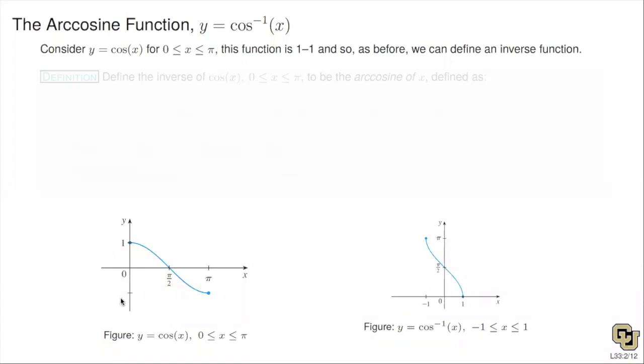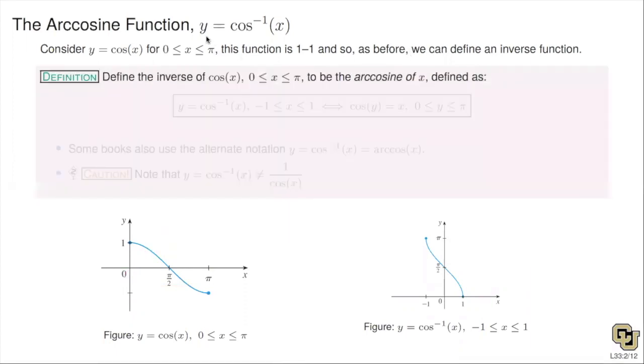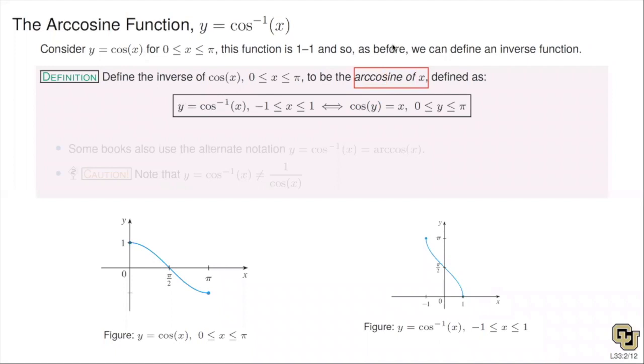And so now I can take the graph, flip it around the diagonal, and essentially create the inverse. And so that's what happens here. We're able to create the inverse of cosine, or what's known as the arc cosine of x. And again, we define it using the inverse. It's a very indirect definition.